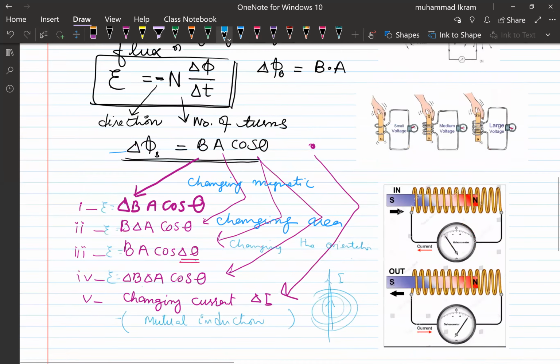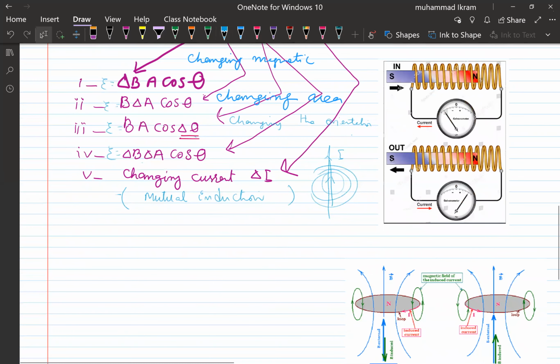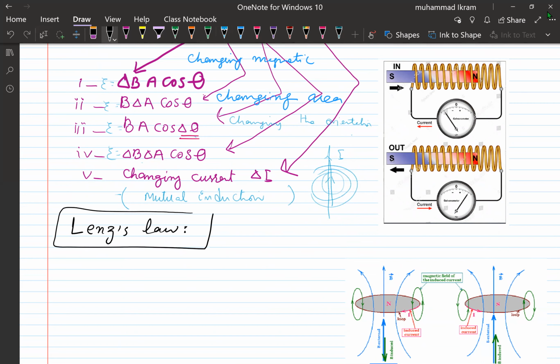So the next important one is Lenz's law. As I told you about the magnitude, if you increase all these factors, the magnitude can increase. But what could be the direction of the induced EMF produced in the circuit? So Lenz's law is here. Lenz's law does two things for you.